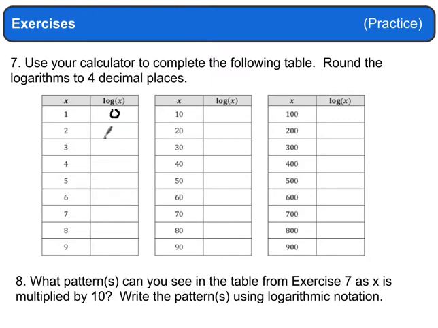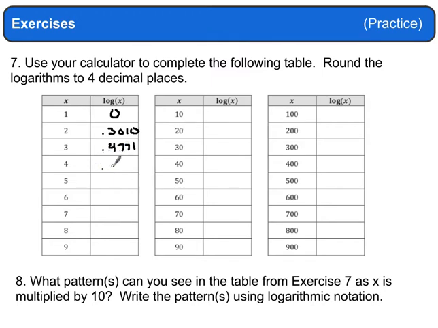And then log 2 would be 0.3010, and then you would have 0.4771. Notice that 0.4771, that's interesting. We just did a log 30, so pay attention to that.